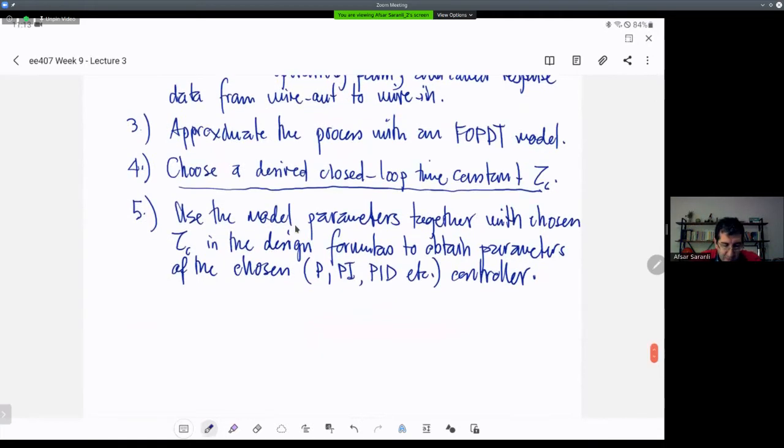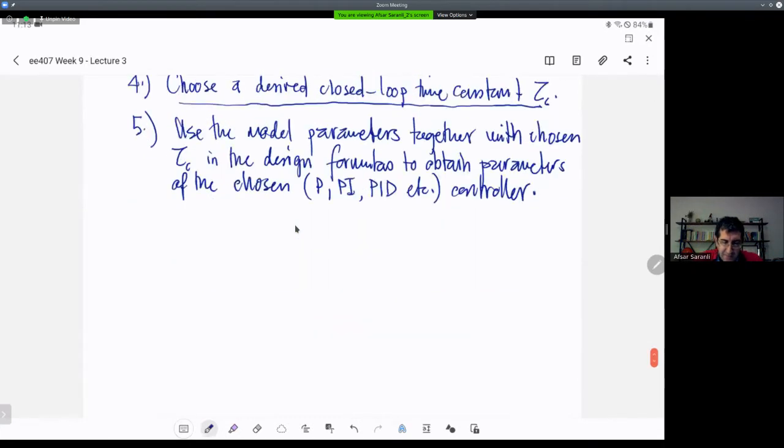We will see how we derive these design formulas, but these are so-called integral of time-weighted absolute error, ITAE, formulas for the P controller.